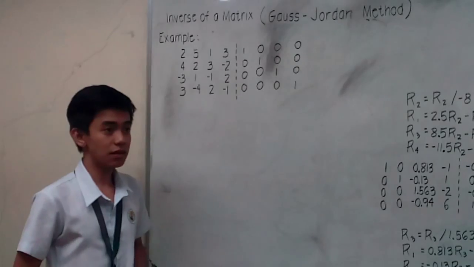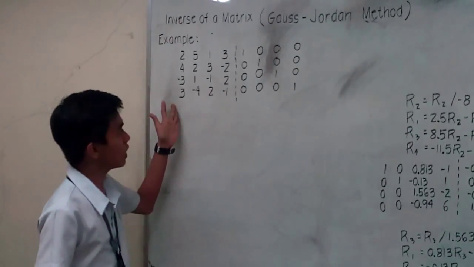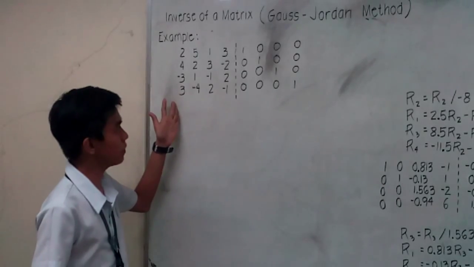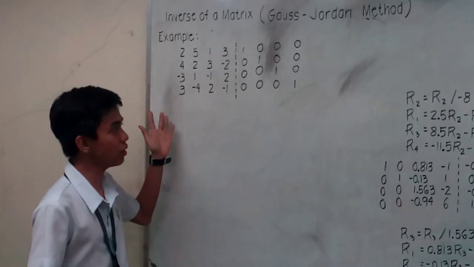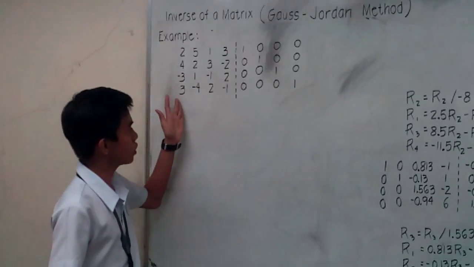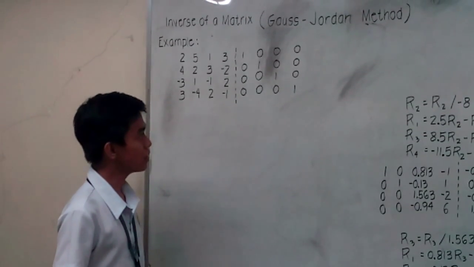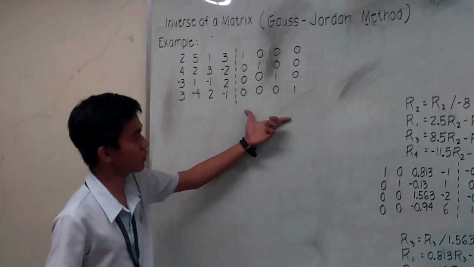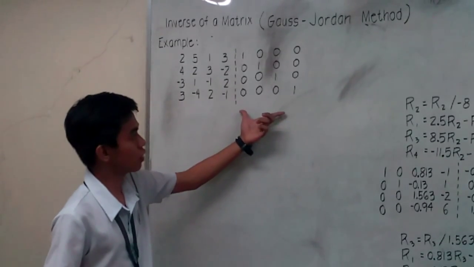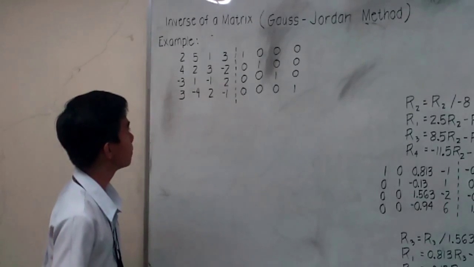So the basic idea is we have to make the input matrix transformed into an identity matrix, and then while we perform the elementary row operations, we will also apply it to the identity matrix. Hence, the answer or the inverse of the matrix will then turn out to be the transformed figure of this 4 by 4 identity matrix.